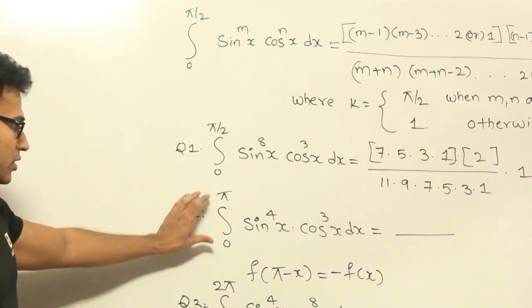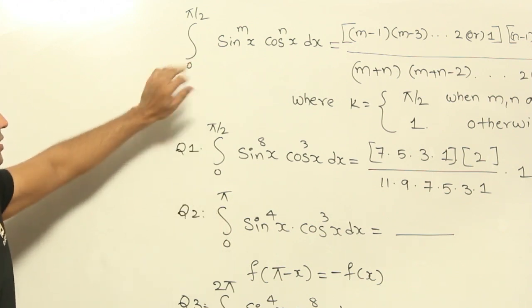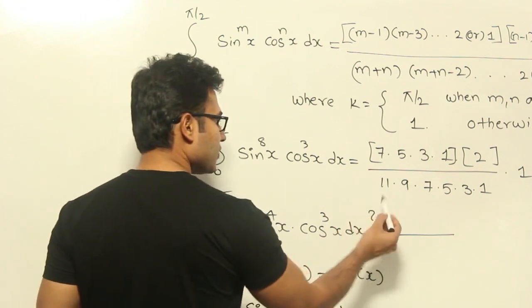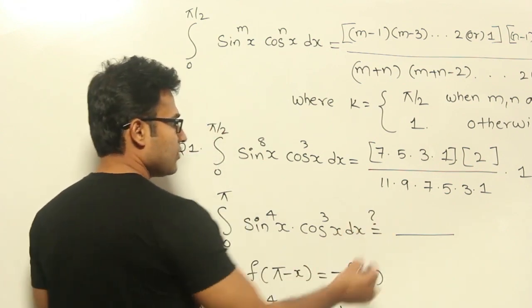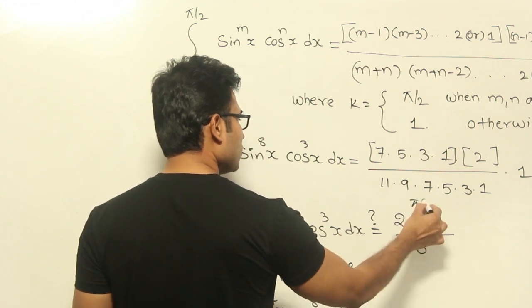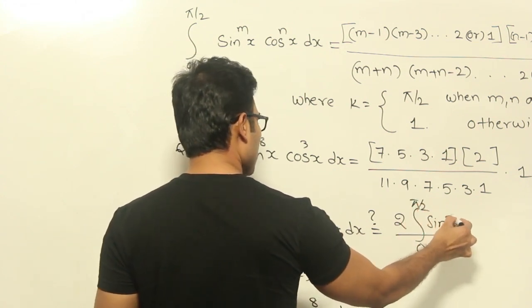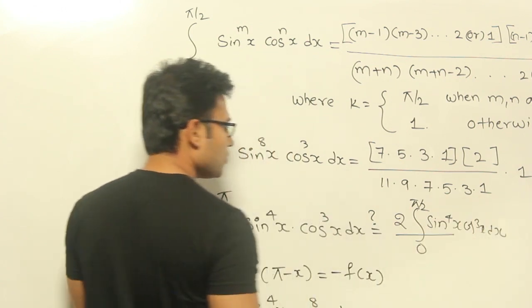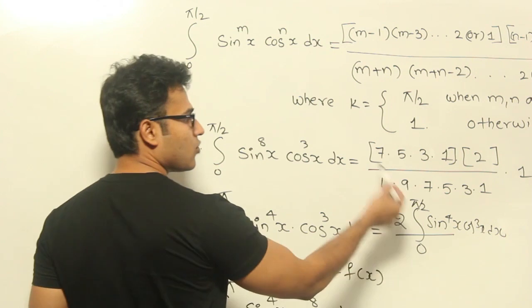What I wanted to check is whether I could express it in this form or not, which means writing it as 2 into integral 0 to pi by 2 of sin power 4x into cos cube x dx. Why am I trying to write it this way? Because I can apply that formula.